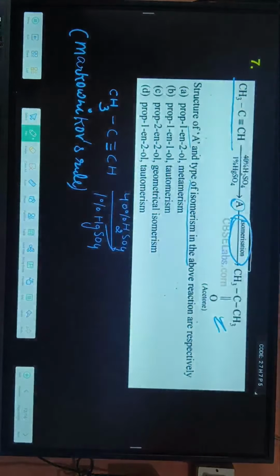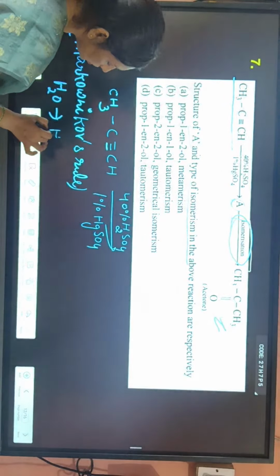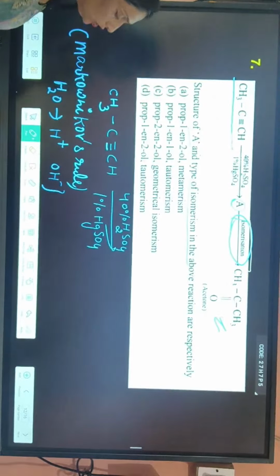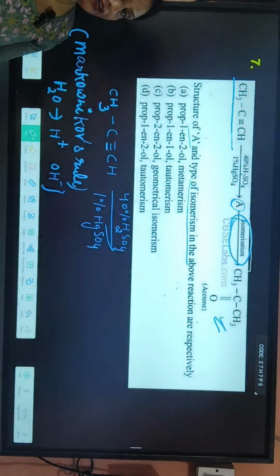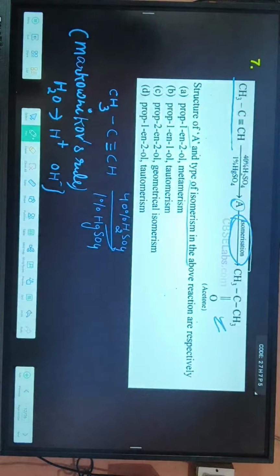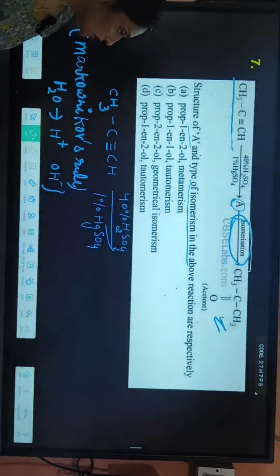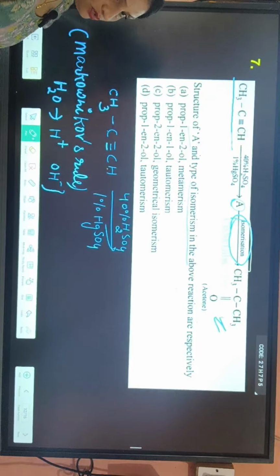It means when you add water, in water there is H positive, OH negative. According to Markovnikov's rule, the more electronegative element will go to that unsaturated carbon which has the lesser number of hydrogens. So here this one has one hydrogen and this one does not have any hydrogen.